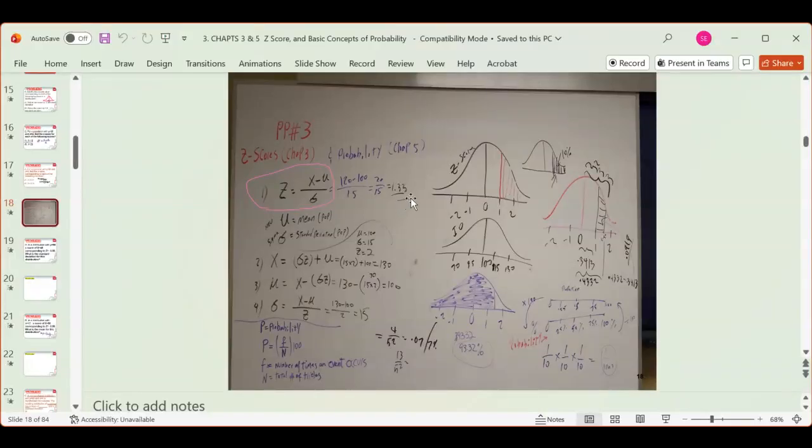If your IQ is 120, that means you are 1.33 standard deviations above the mean. And you can see it at the very top right, the black distribution, and the one underneath it on the top right side.